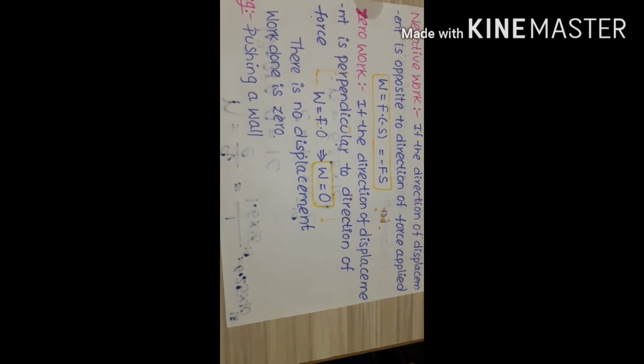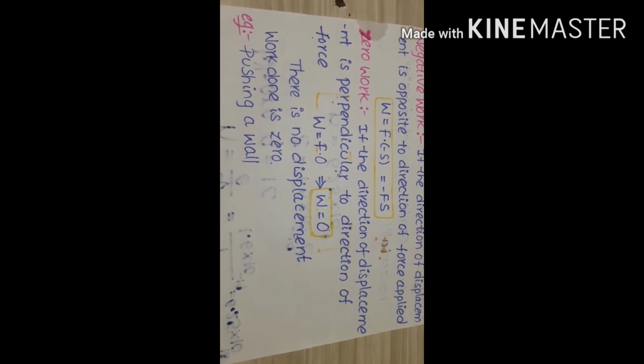Examples of negative work: a man carries a bucket of water horizontally. The force acts in the downward direction, displacement is in the forward direction. So force applied and displacement are in different directions, then the work is negative.